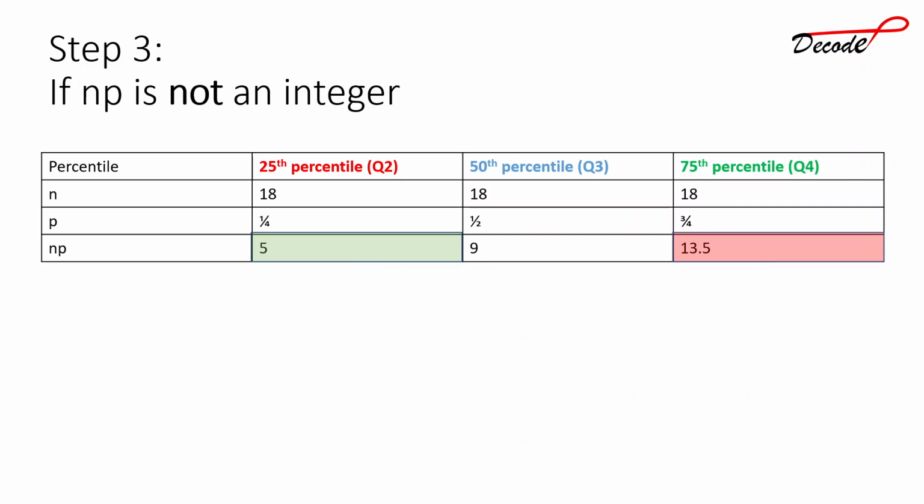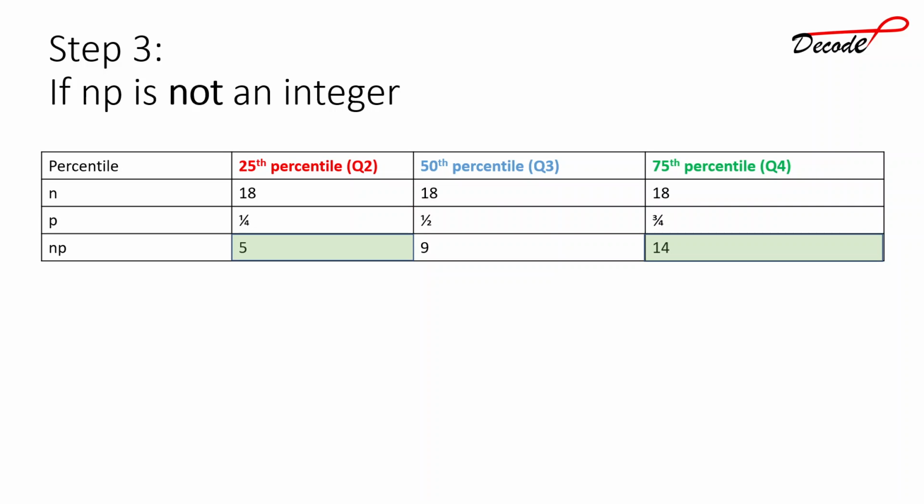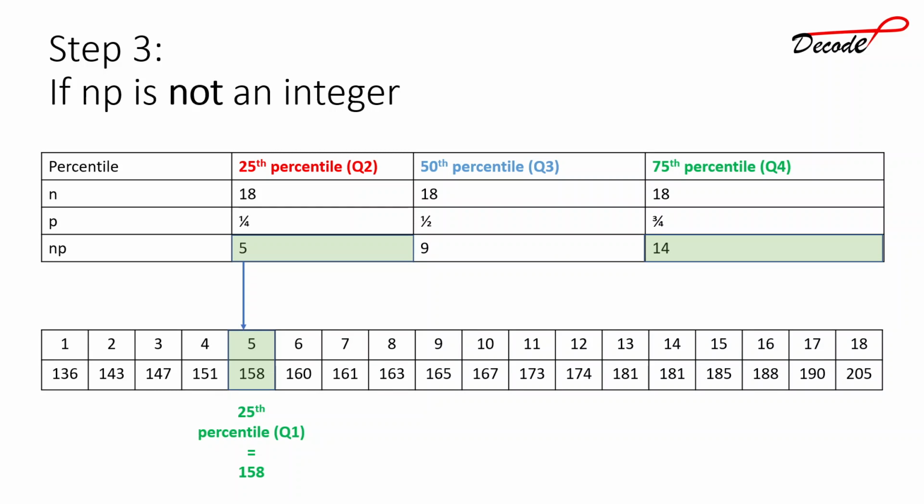So 5 is the next higher integer from 4.5. We are rounding 13.5 to 14. So the fifth element in the ordered values, that is 158, is the 25th percentile of all these values. The 14th element, that is 181, is the 75th percentile, that is Q3.